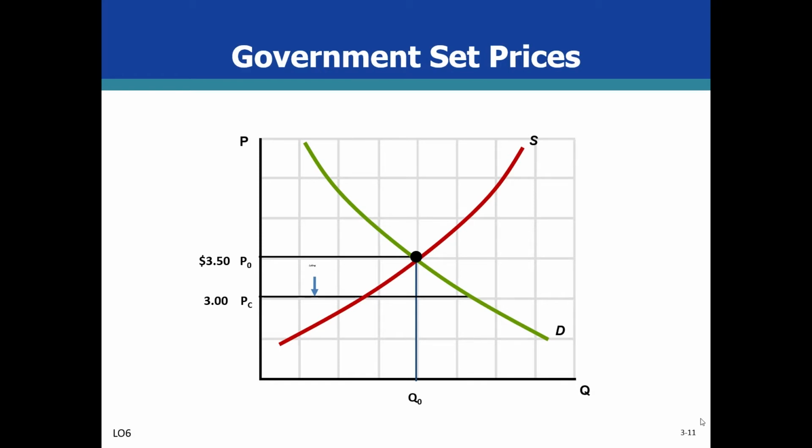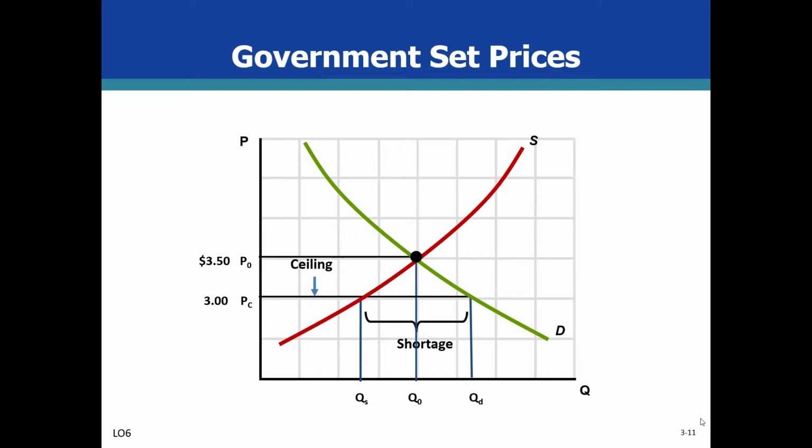Let's take a look at this graphically. The market equilibrium for rent without distortions would be $3.50 a square foot, and the quantity, QO, would be supplied. However, the government comes in and establishes a price ceiling of $3 a square foot. The legal price is now PC. What happens?